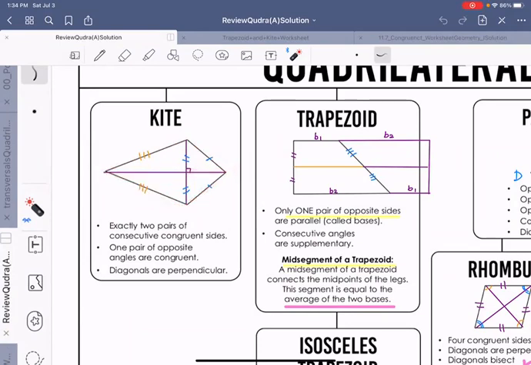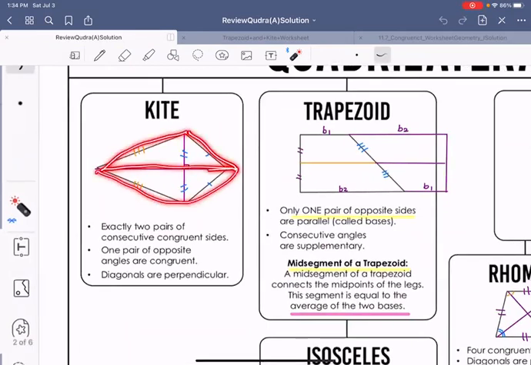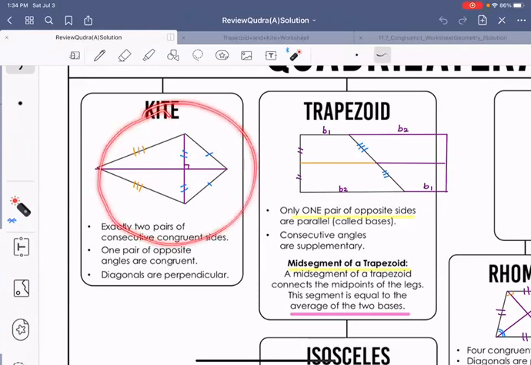If you want your kite to be able to fly, you have to make sure you have symmetry over this line, which means if you connect the diagonal, this is 90 degrees, and you have this piece exactly equal this piece, and this piece exactly over this piece, then you can call this a kite. If you don't make your kite exactly symmetric over this line, it's not going to be called a kite, and it's not going to be able to fly, okay?